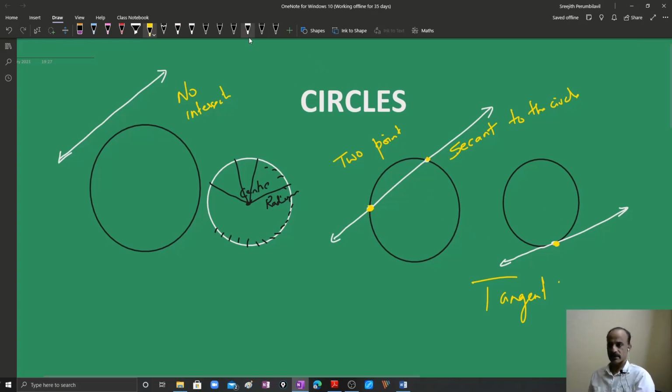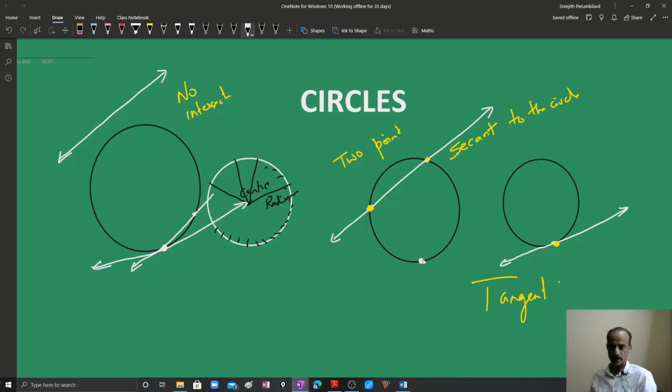Now the question arises, can I draw one more tangent to this circle? Consider a tangent here, a straight line just a little bit bent. Is it possible to have one more tangent there? If I try to draw one more tangent, it will intersect the circle at one more point, so it's not a tangent, it's actually a secant. So in short, you can have only one tangent to a circle at a point on the circle.